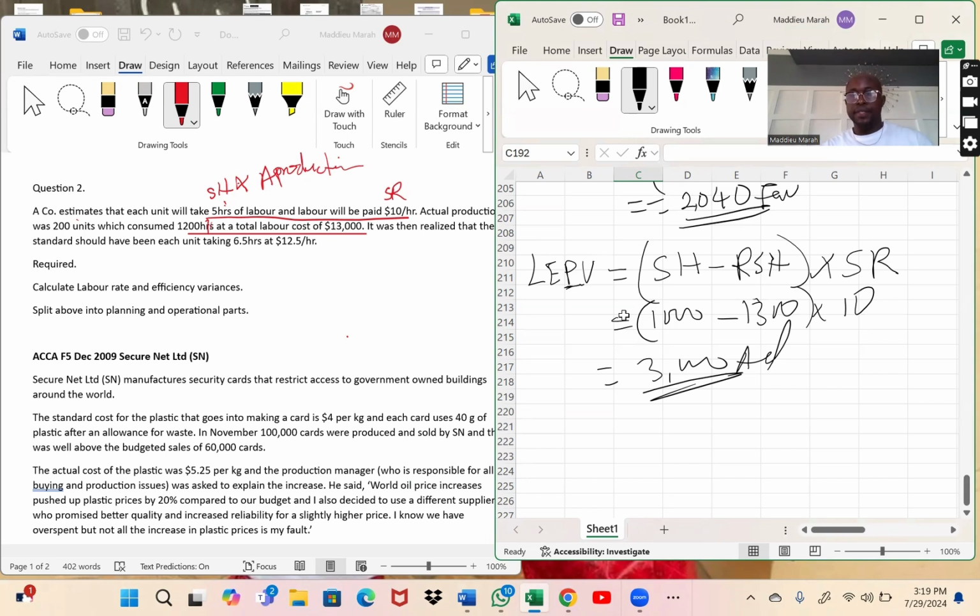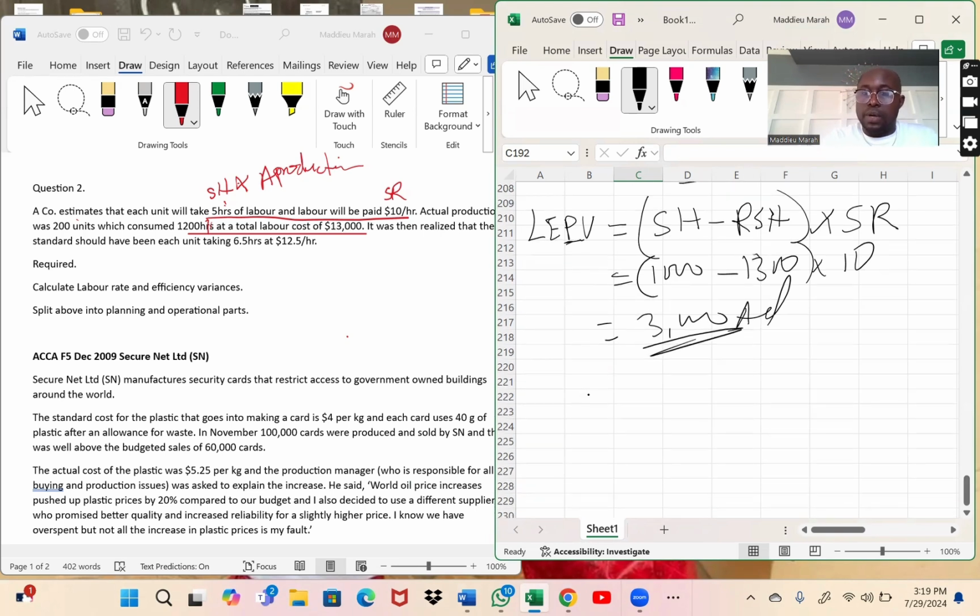Welcome back. So that gives us 3,000. That's our labor efficiency planning variance. So now look at our labor efficiency operational variance. So compare the revised standard hours minus actual hours multiplied by what?